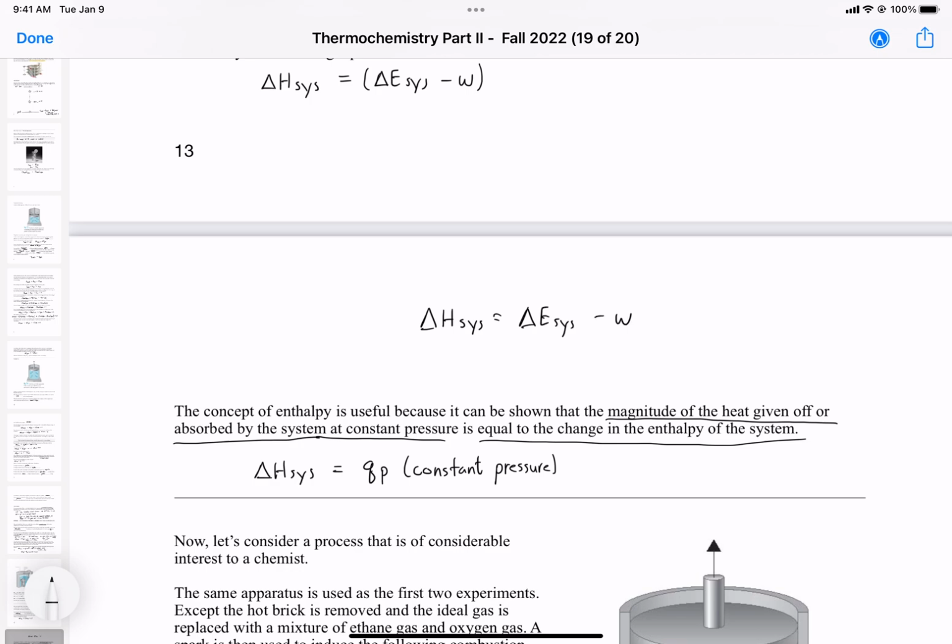But we know that all the energy of our system is either Q plus W. All the energy of our system can either be energy from heat, or energy that's given off or produced by work. So in this case, we have Q plus W minus W.